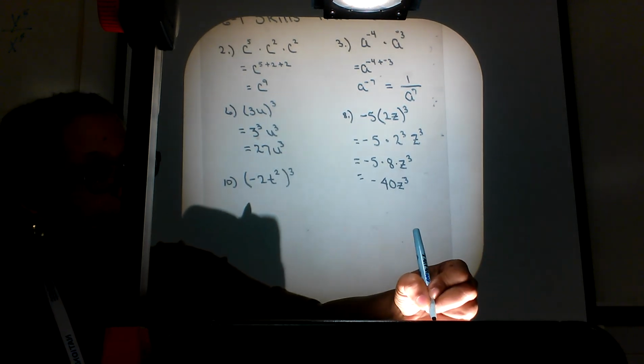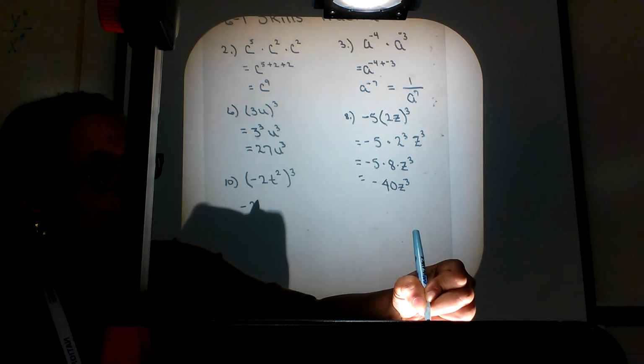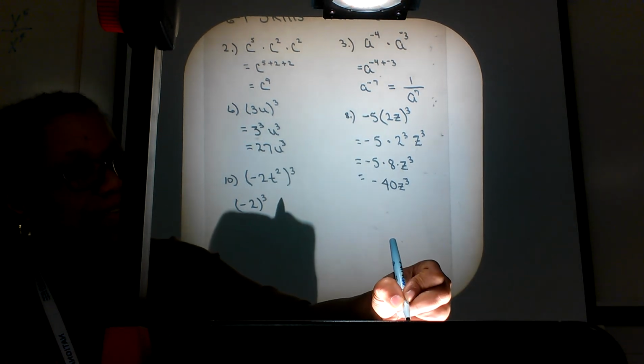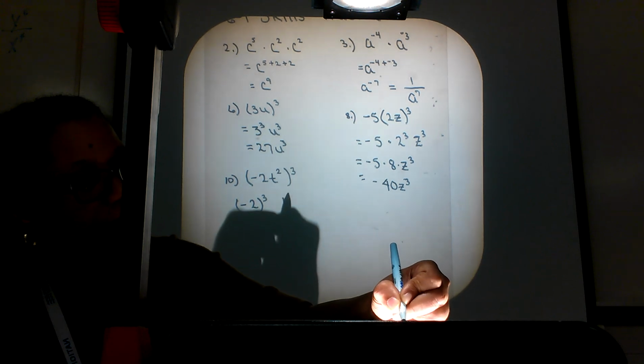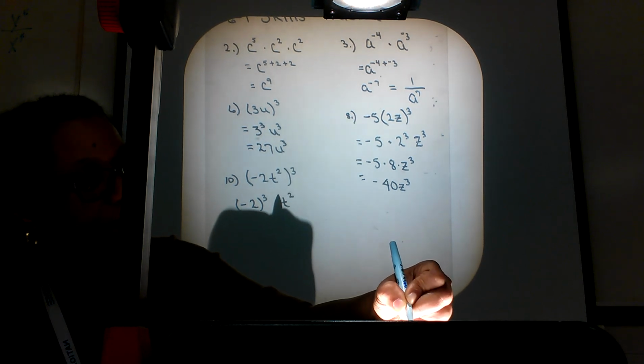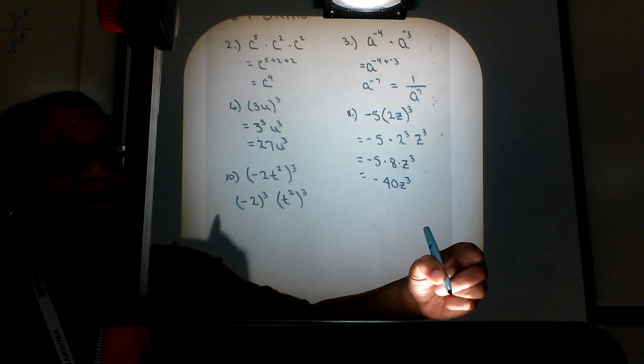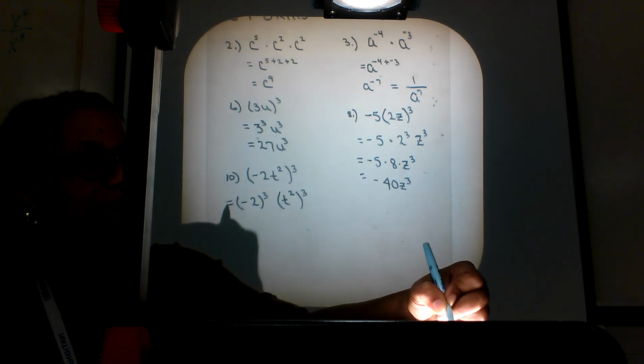Well, I have negative 2 raised to the third, and I have this t squared raised to the third. You get that so far?